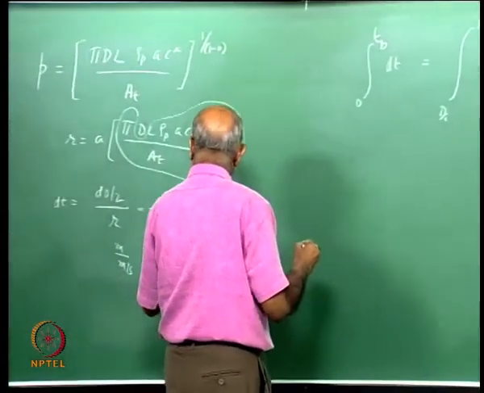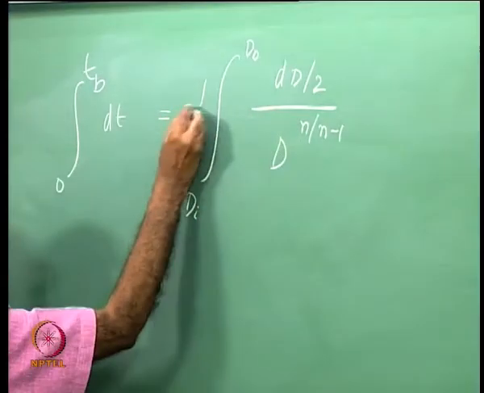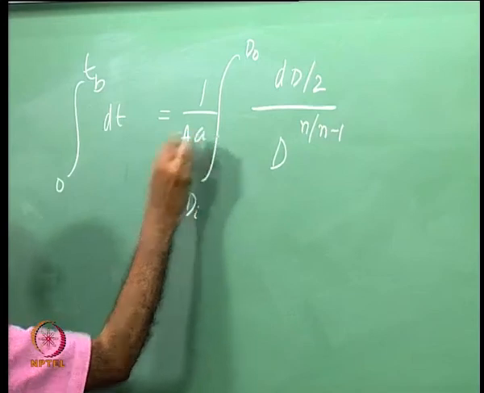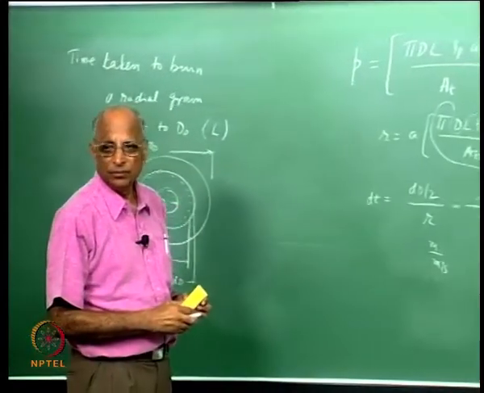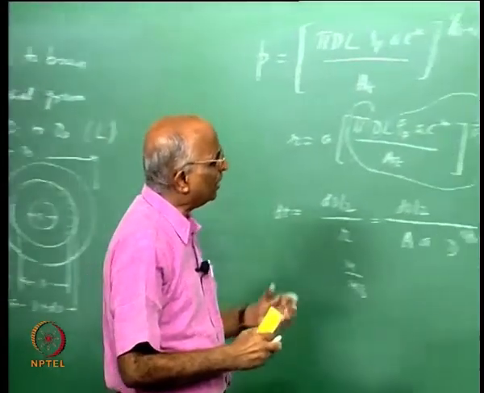I can take a outside, which is 1 by a, because these are all constants. All right. Now, what do I get on integration?